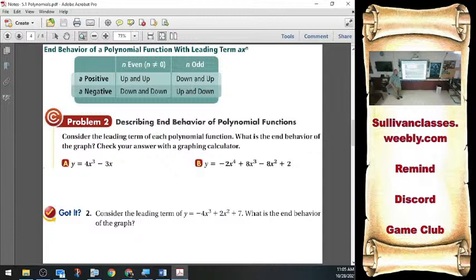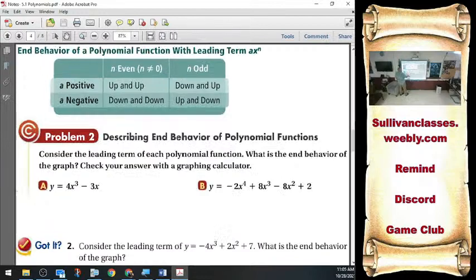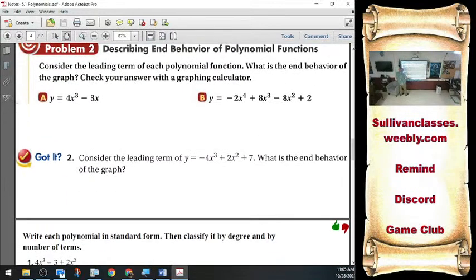Consider the leading term of each polynomial. What's the end behavior? And it even says you don't have to know how to graph this on your own. Just check it on a graphing calculator. So first, is it in standard form? No like terms to combine, in descending order. Okay.